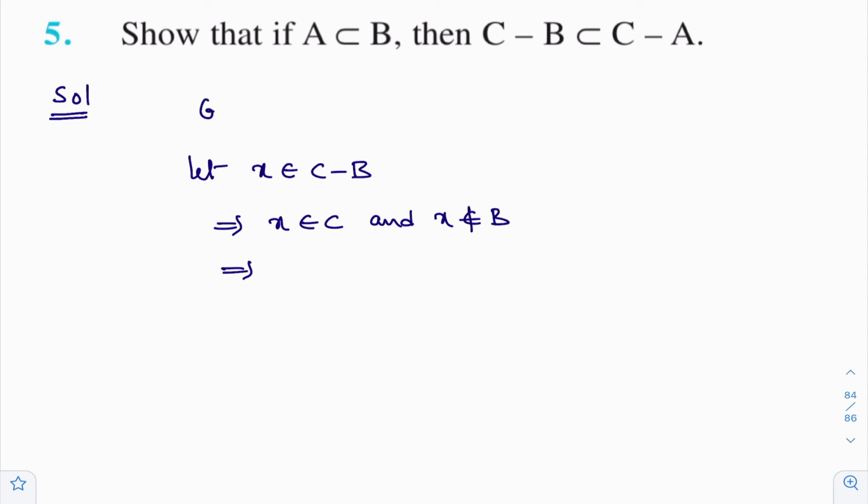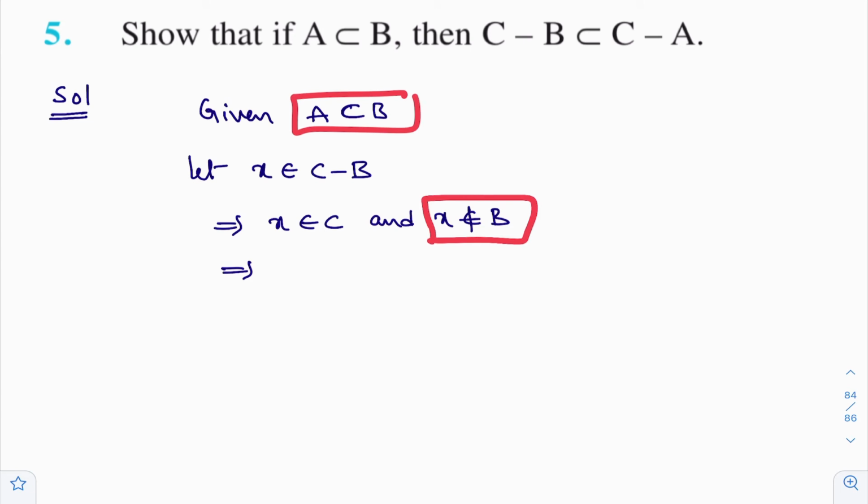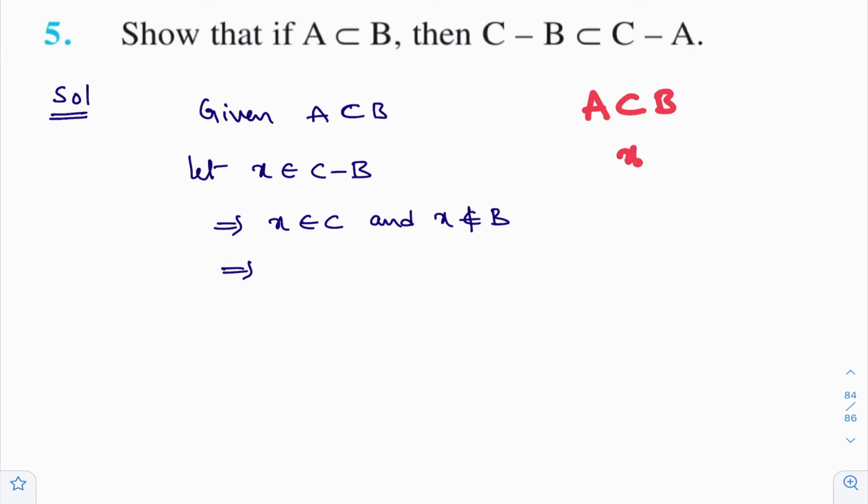They have given that A is a subset of B. As A is a subset of B and x does not belong to B, then x definitely does not belong to A. We did this in the miscellaneous exercise, second problem, last bit. When A is a subset of B and x does not belong to B, it implies x does not belong to A also.